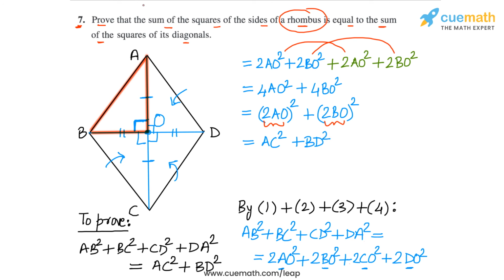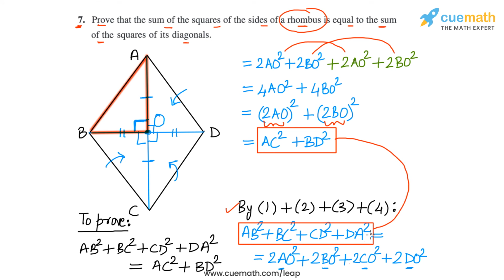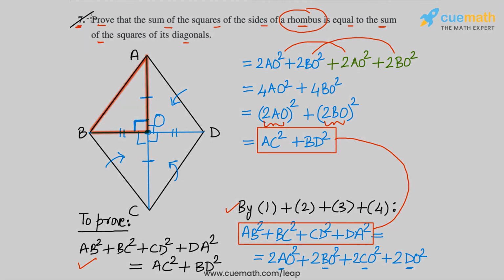So now let's see what we have obtained. On the left side, by adding the 4 equations that we had, we have obtained the sum of the squares of the 4 sides of the rhombus, and on the right side we have obtained the sum of the squares of the diagonals. So we have obtained the result that these two sums are equal, and therefore we have proven what we wanted to prove. Okay, so this completes our proof for question number 7.